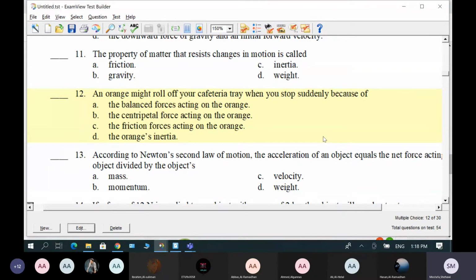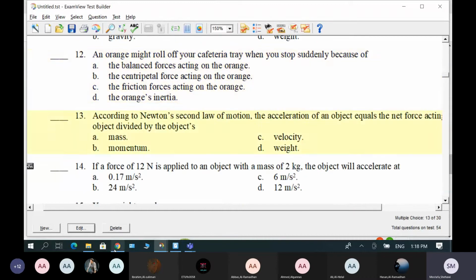The orange's inertia. Bravo. D. Because you stop suddenly, the orange continues to move forward with the same original speed. That's because of the orange's inertia. Thank you, Ibrahim.